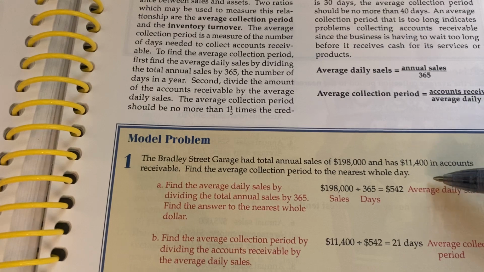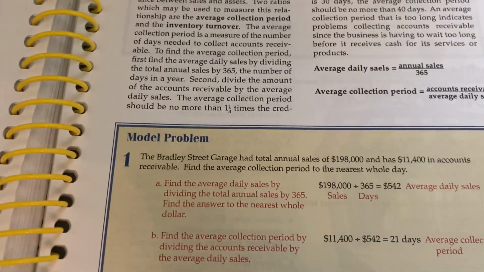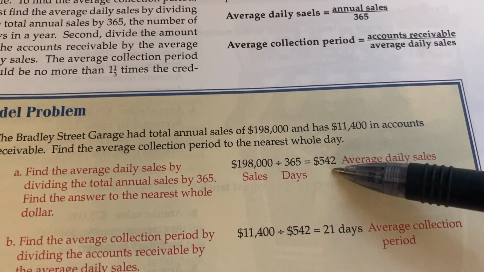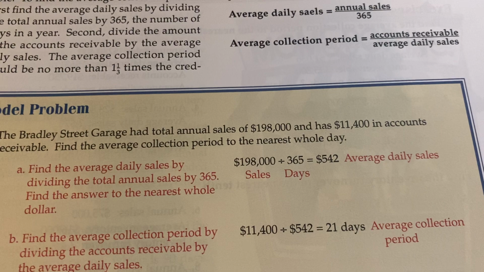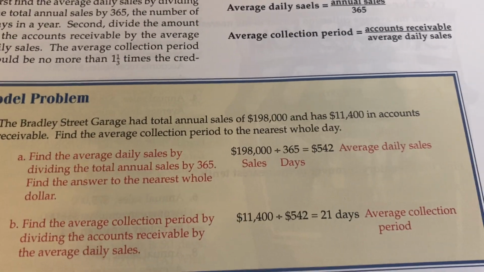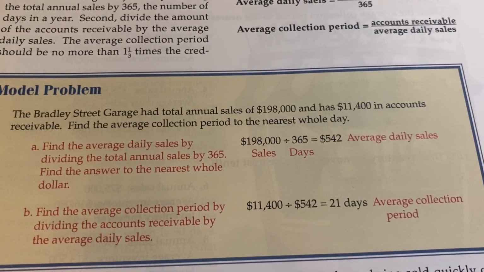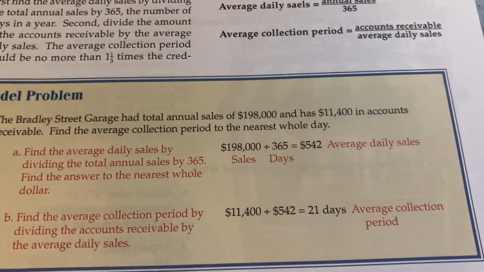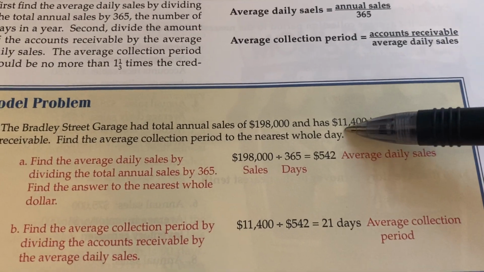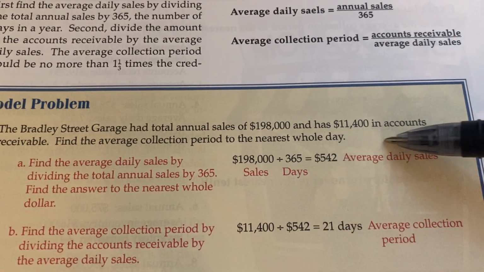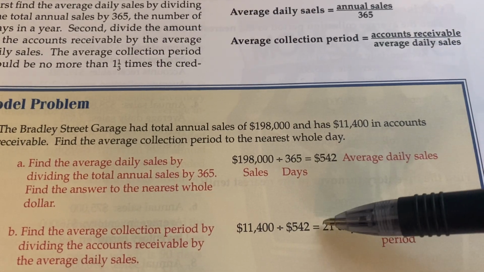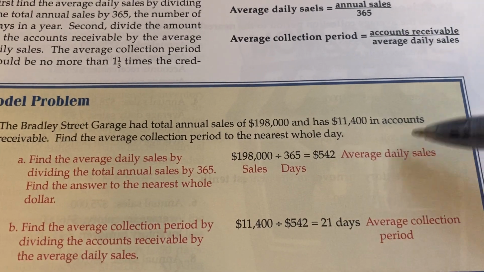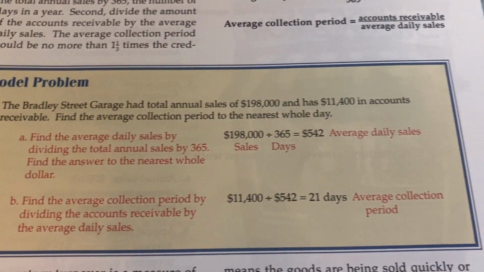Every day is $542 we're making on average, right? Next, we find the average collection period by dividing the accounts receivable, 11,400, by the average daily sales, which are $502 a day, and the average collection period would be 21 days. So it's taking 21 days to collect.